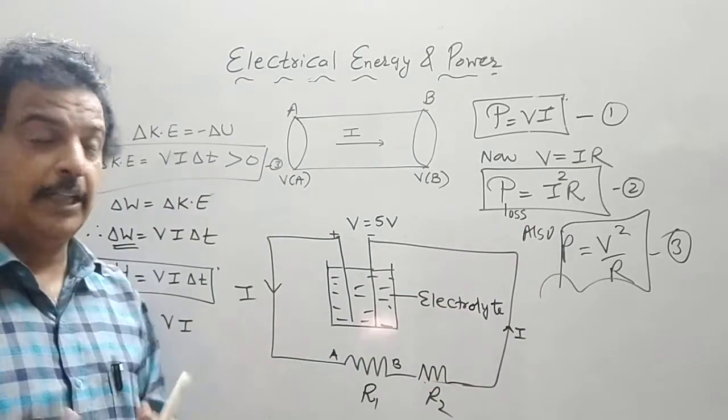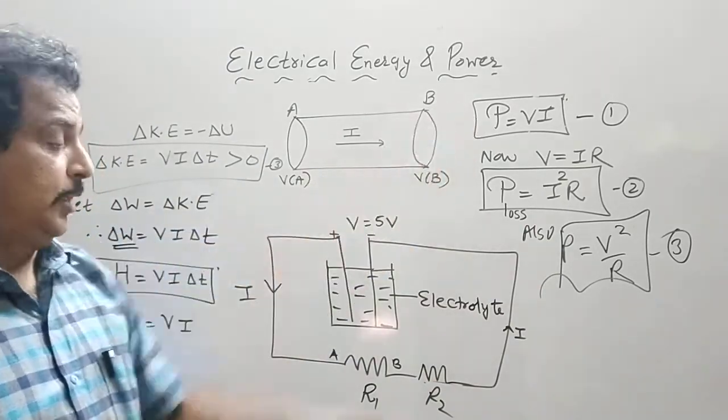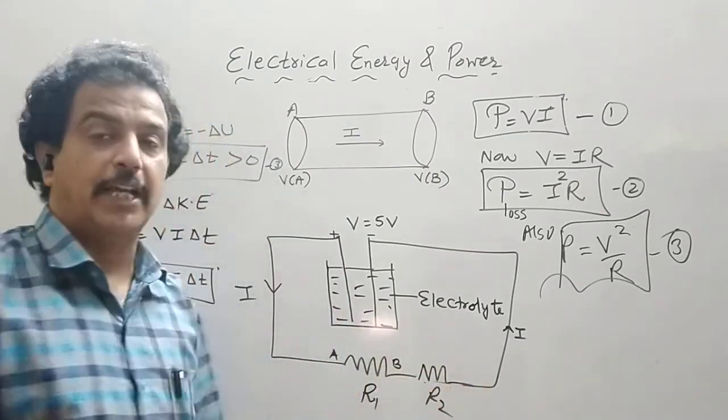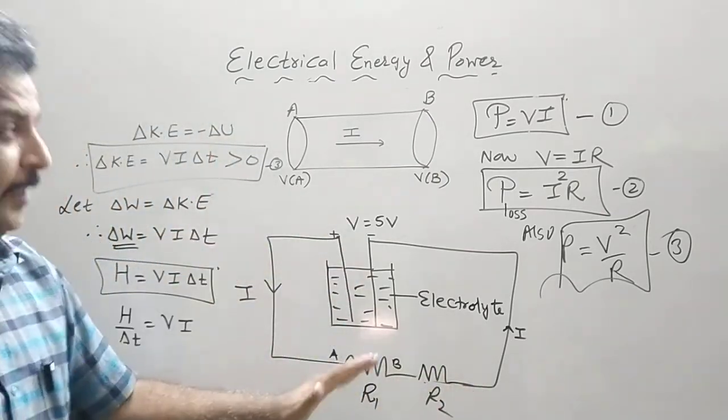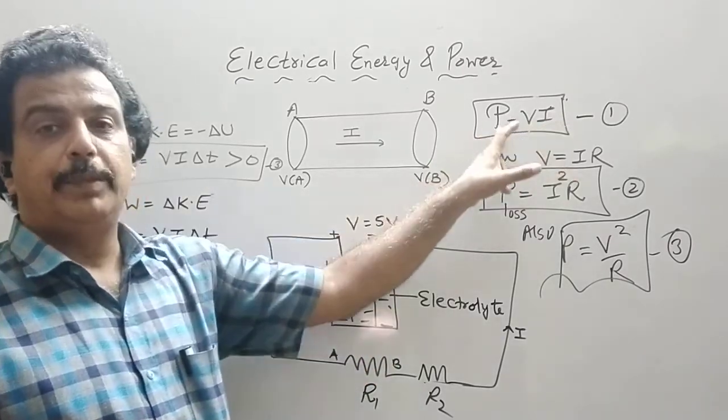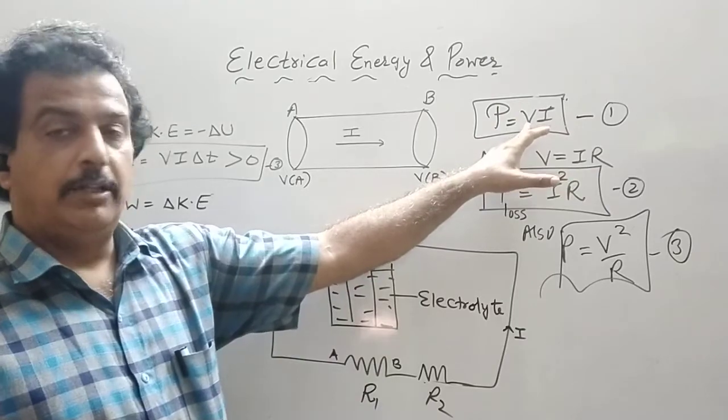So if I have to find out power loss using this formula, first I have to find out the potential difference across R1 and the potential difference across R2. Then the current is the same. Then I can write P1 is equal to V1 I, P2 is equal to V2 I.